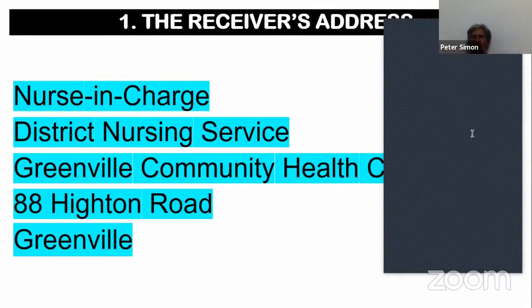Mistake. First line, write again. Mr. Devang, I want you to write the first line. Nurse in charge. Okay. Jyoti, the nurse in charge. Nancy Kober, Greenville Community Health Center. And 88 Highton Road. Datar Singh. Right.